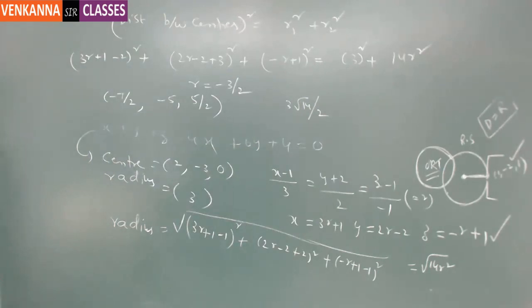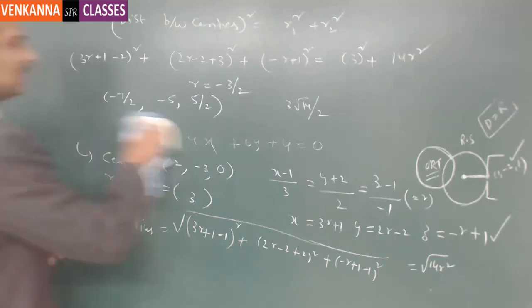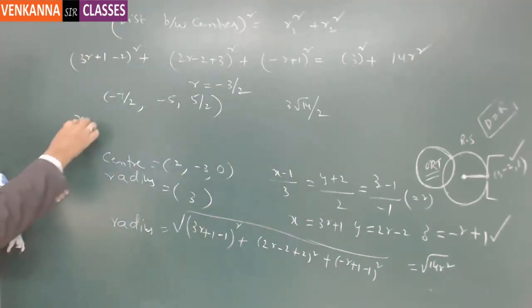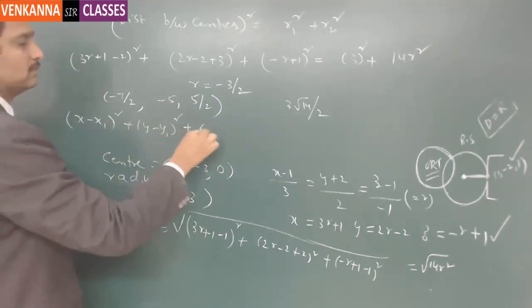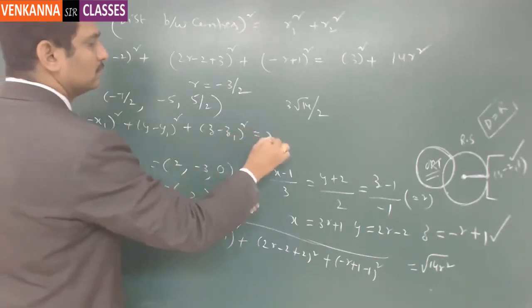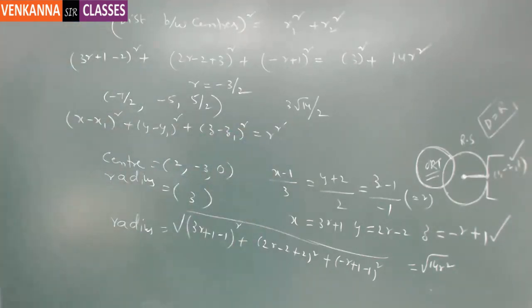Now please understand, whenever center and radius are given, you can write the sphere equation using the formula (x minus x1) whole square plus (y minus y1) whole square plus (z minus z1) whole square equal to r square. So here we simply substitute the values, there is no need to simplify. So if time permits, we can simplify, otherwise it is somewhat a lengthy procedure.